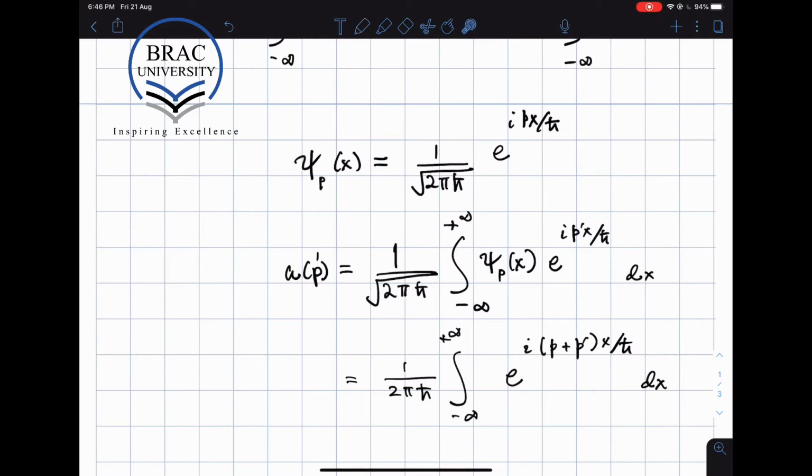So to actually evaluate this thing, we need to evaluate this integral.